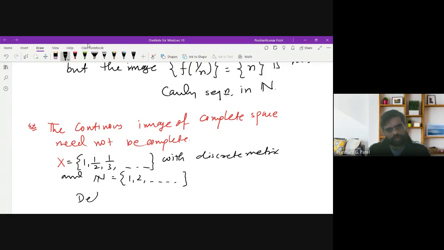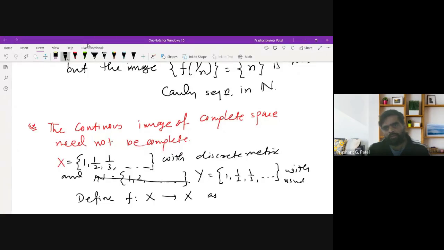Now we define f, which is from X to, no, here you require a map from X to X itself. There is no requirement of N here. But this X is with the usual metric.